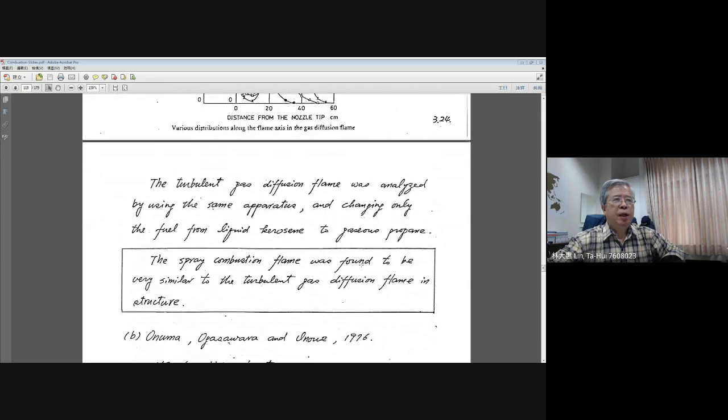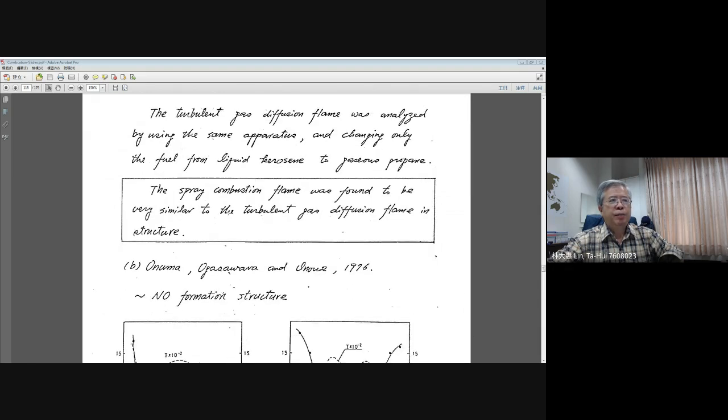Then they give you the conclusion that the turbulent gaseous diffusion flame was analyzed by using the same apparatus and changing only the fuel from liquid kerosene to gaseous propane, which means they use a similar apparatus. They found that the spray diffusion flame was very similar to the turbulent gas diffusion flame in structure. This is a very important conclusion from their experiment.